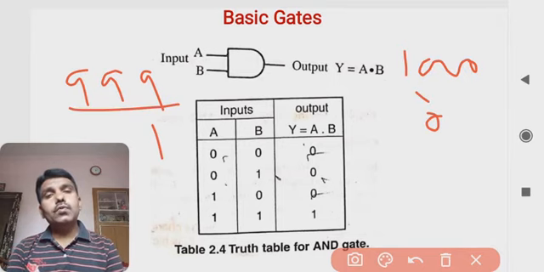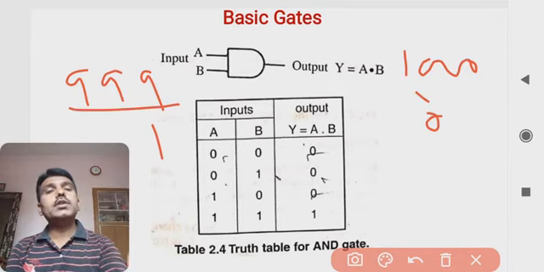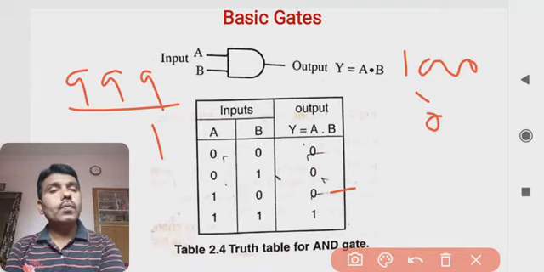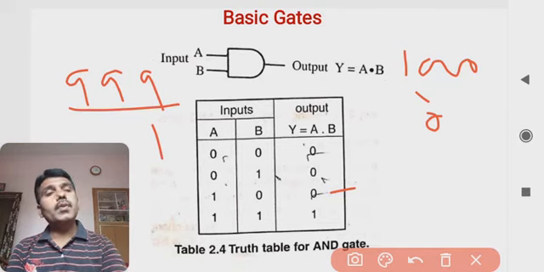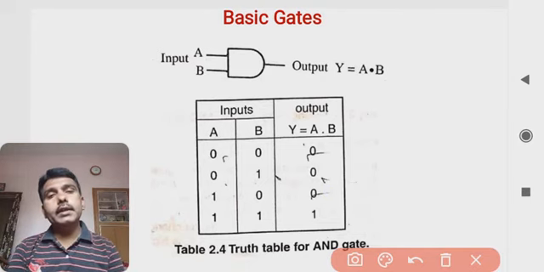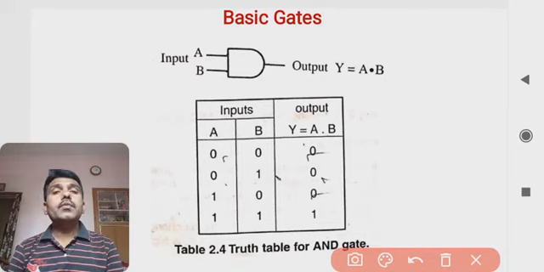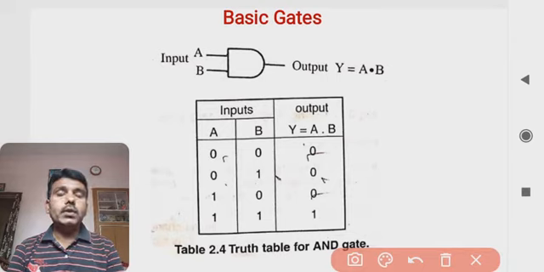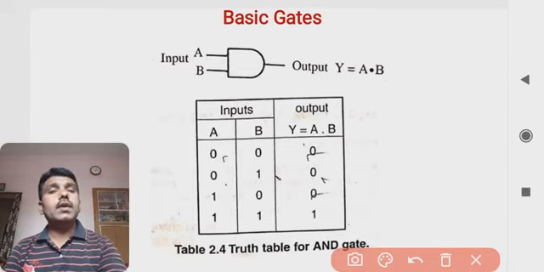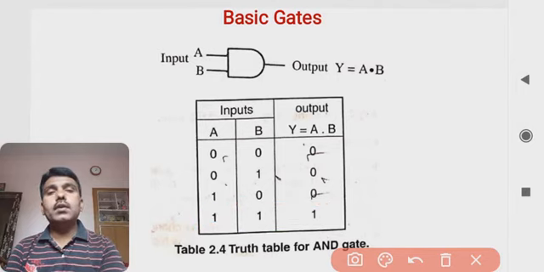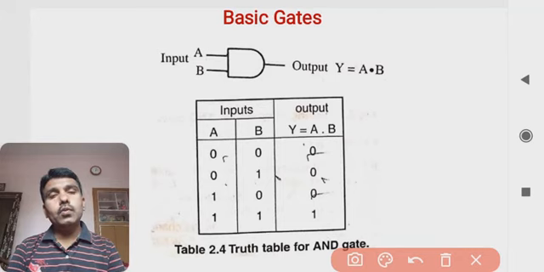In that case, what will the output be? The output will be 0. Why? Because the condition for the AND gate is that only when all the inputs are high will the output be high, otherwise it is 0. That's the logic behind the AND gate: when all the inputs are high, the output is high.